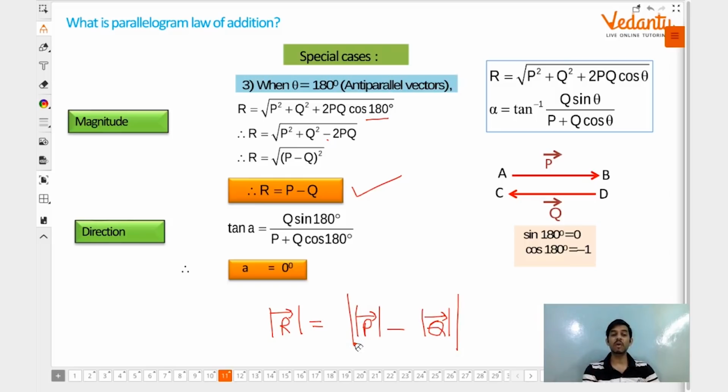Guys, why is this whole mod? Because P और Q में से कौन सा बड़ा है, we don't know it. Okay, so therefore whole mod. Clear, guys? Any confusion? Very good.